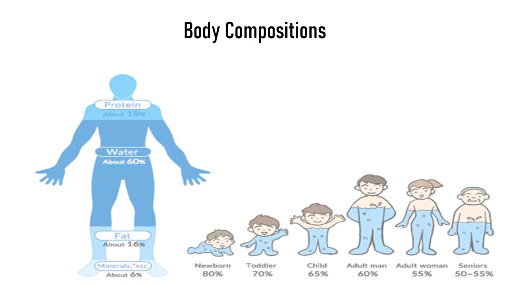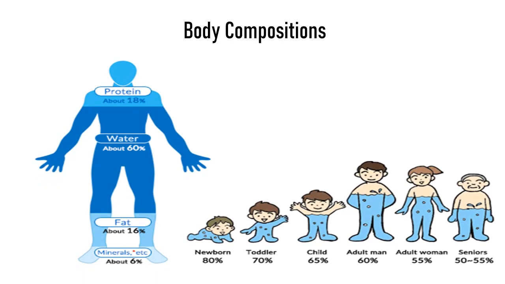So continuing with our body compositions, my next diagram here actually shows the body compositions at different stages of life. As you can see, we had already articulated on our previous diagram about different body compositions. So now you find that when we are newborn babies or neonates, we are composed of 80%. So 80% of our total body weight is actually made up of water.